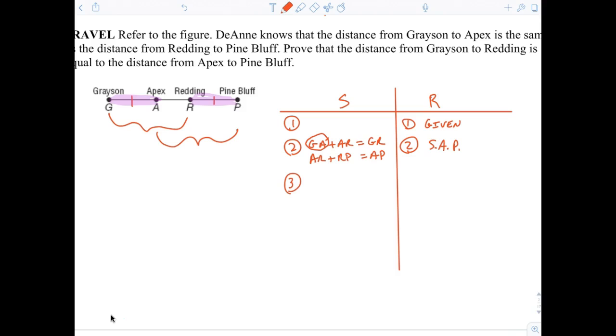So now RP plus AR equals GR, and that's a what? That's a substitution. Come on, guys. Does everybody see that?